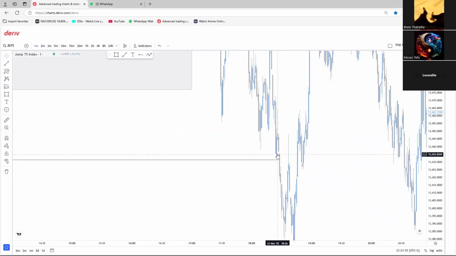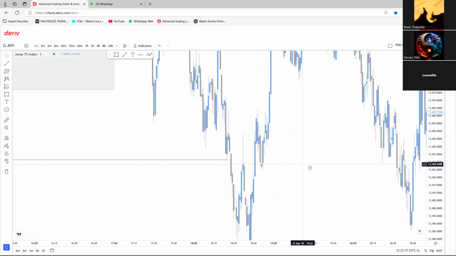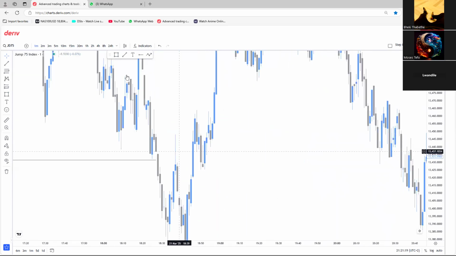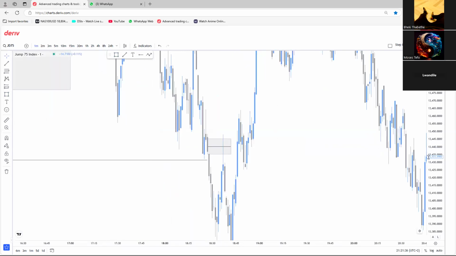Then when you go above, what do we see? An order block. There's a fair value gap here, right? But it's also combined with the order block. They're sharing the same area.